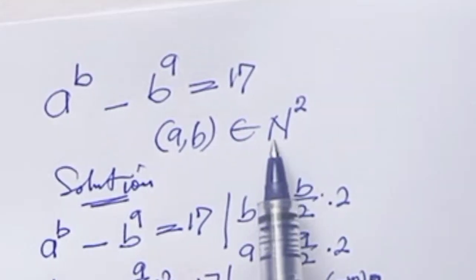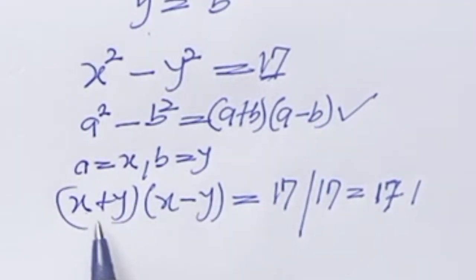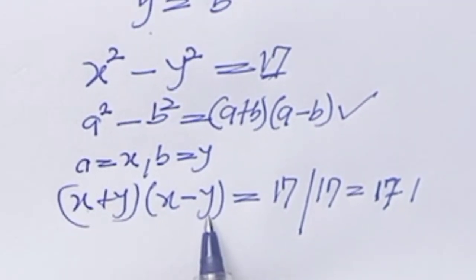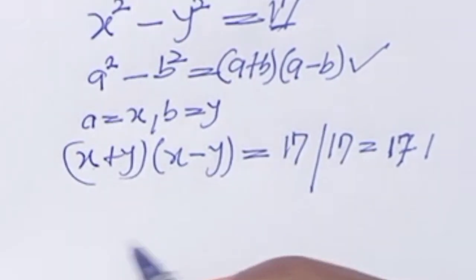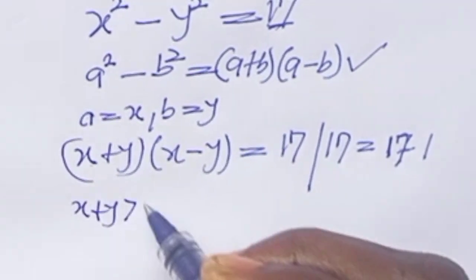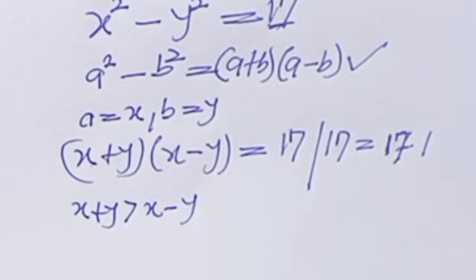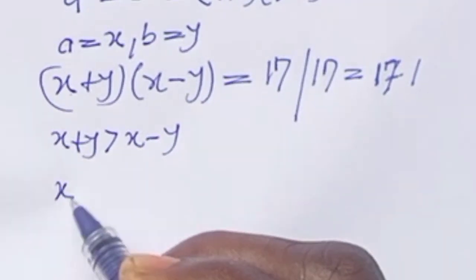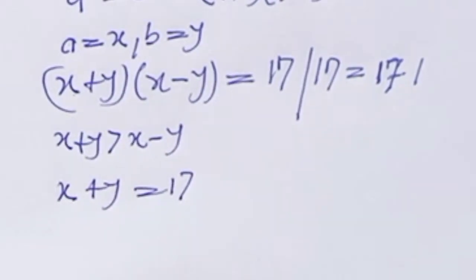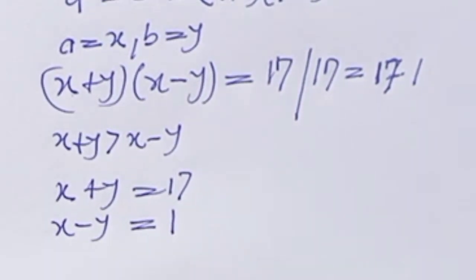Also, since a and b are natural numbers, x plus y and x minus y must also be natural numbers too. That means x plus y is greater than x minus y. So if we agree on this, we can deduce that x plus y is equal to 17 and x minus y is equal to 1, and we are fine.